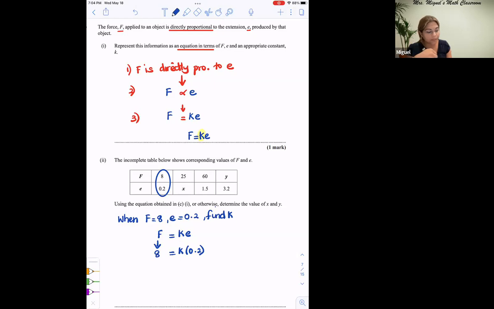To cancel the 0.2, you must be able to place it in the denominator. Use your calculator and divide 8 by 0.2. And give me the value of k.